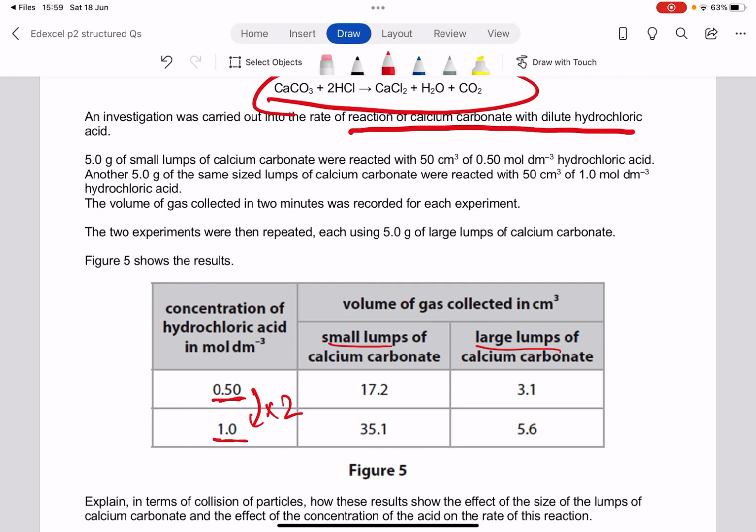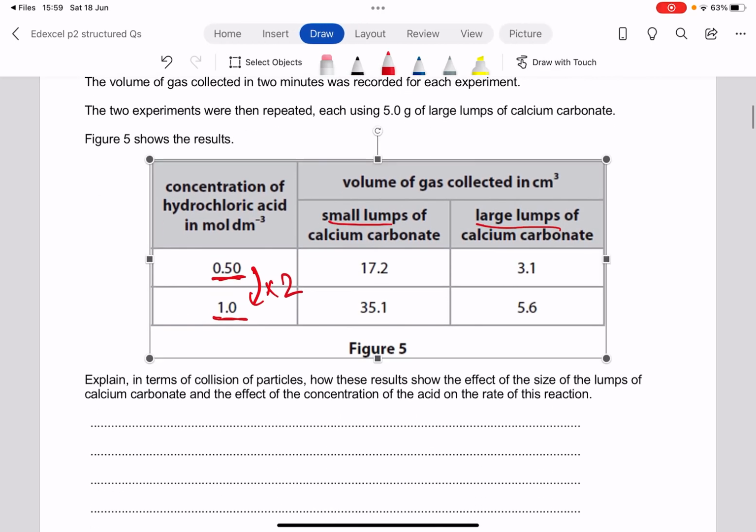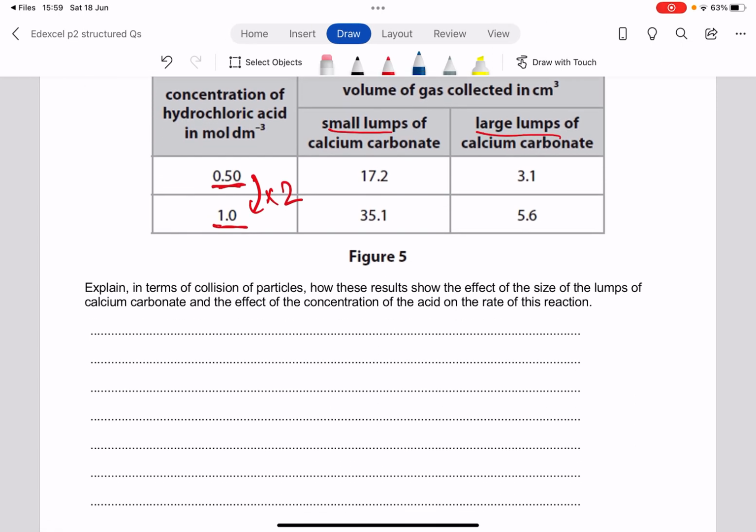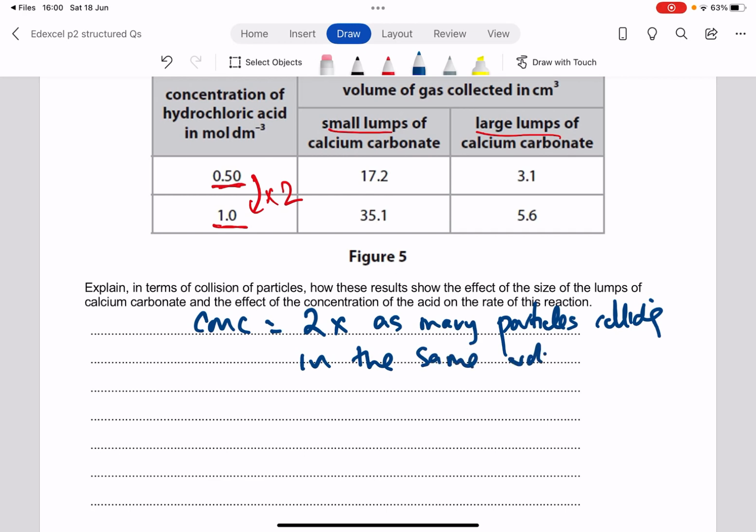And the question then says, explain in terms of collisions of particles how these results show the effect of size of the lumps and effect of concentration. Now I've already talked about concentration for you. So doubling concentration means there are 2 times as many particles colliding in the same volume of solution.